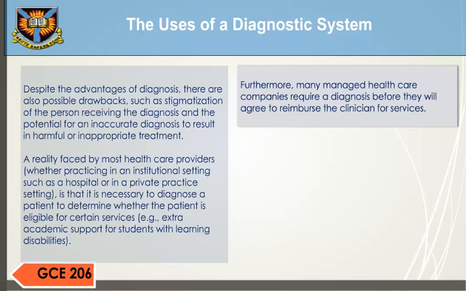A reality faced by most healthcare providers, whether practicing in an institutional setting, such as a hospital, or in a private practice setting, is that it is necessary to diagnose a patient to determine whether the patient is eligible for certain services, for example, extra academic support for students with learning disabilities. Furthermore, many managed healthcare companies require a diagnosis before they will agree to reimburse the clinician for services.